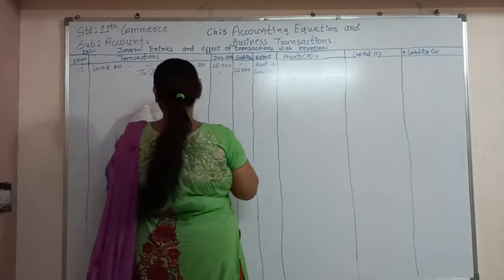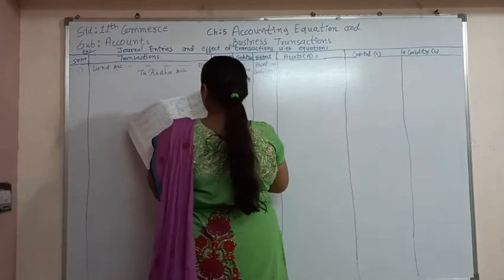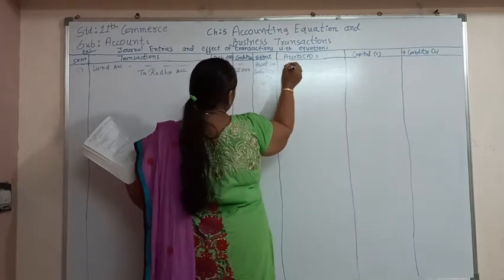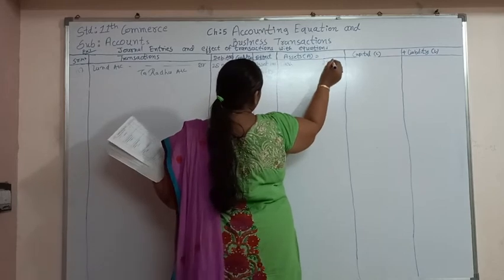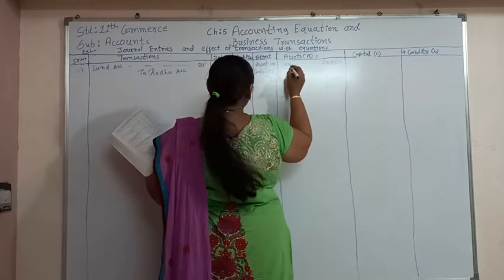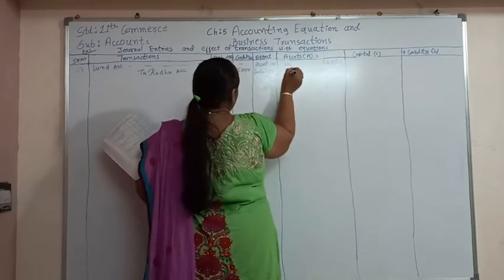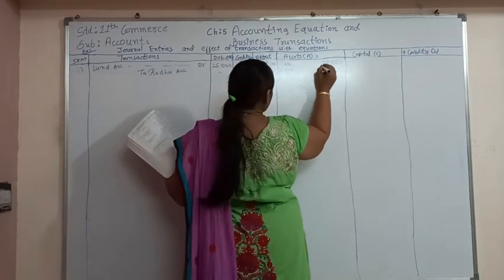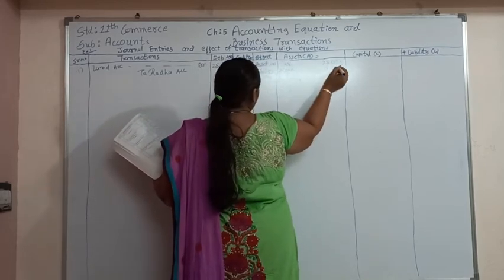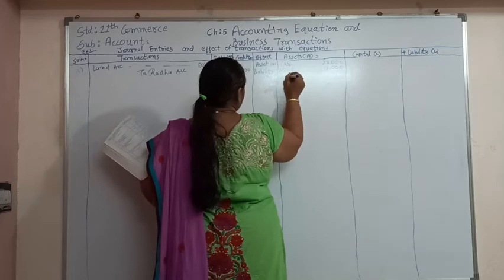And here our asset is, cash account is 28,000. Then stock is of rupees 13,000. Furniture of rupees 10,000.